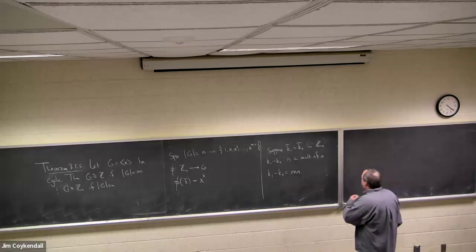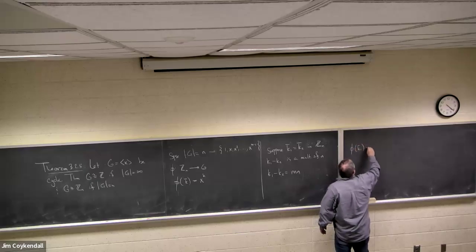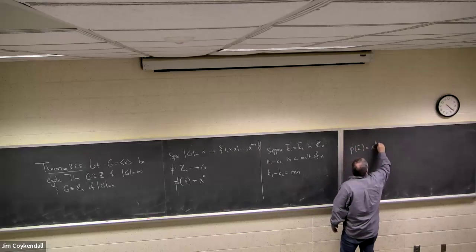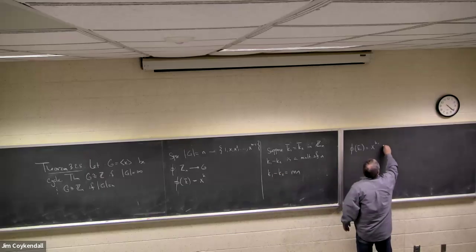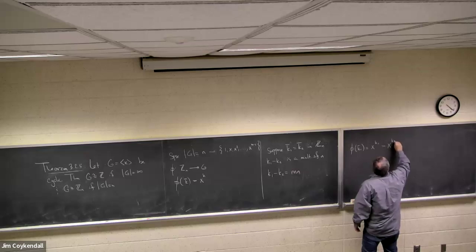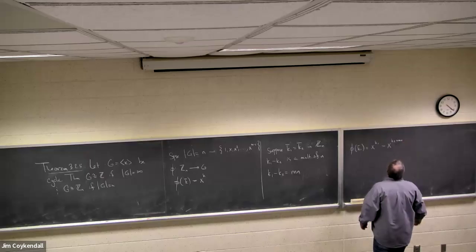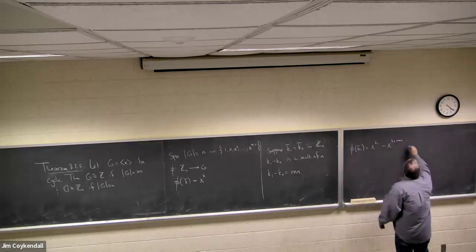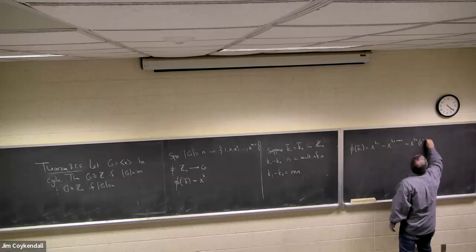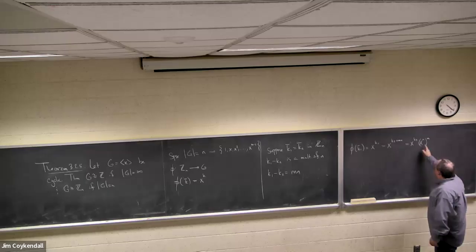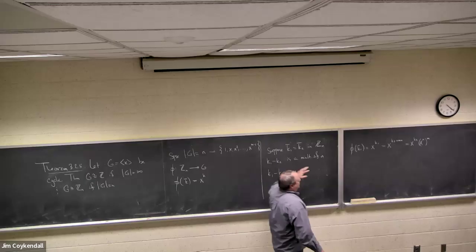So if you look at phi of K1 bar, this is X to the K1 by my rule here, which is X to the K2 plus Mn, which is X to the K2 times X to the N to the M. But notice in this group, G is cyclic of order N, X to the N is 1.